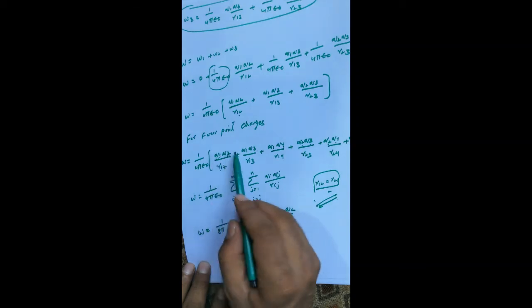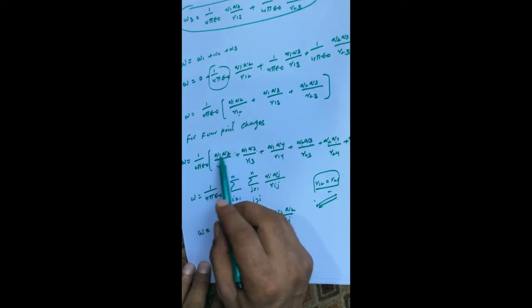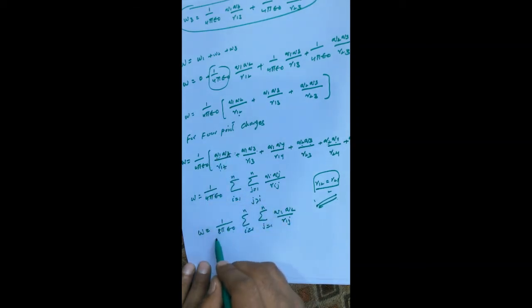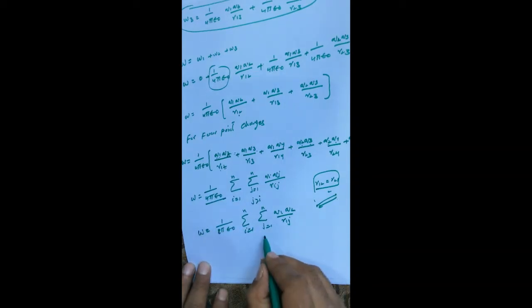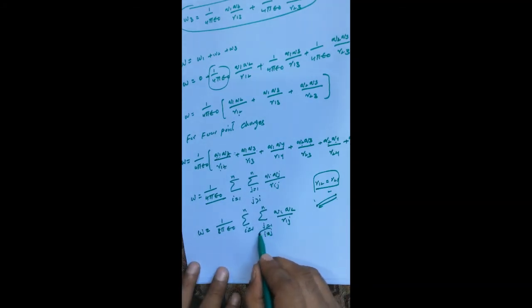But both these terms are the same, so they will add with each other, so we have 2, and that 2 will cancel with this one. So again we have this form, but again we can write that i is not equal to j. So this condition still exists here. Now this is the final expression. Next we will simplify this expression a little bit more.